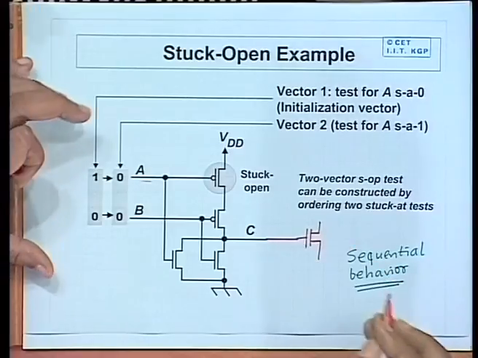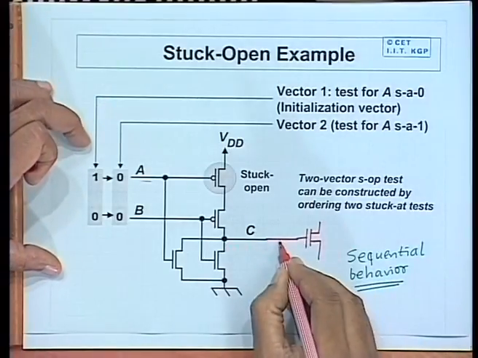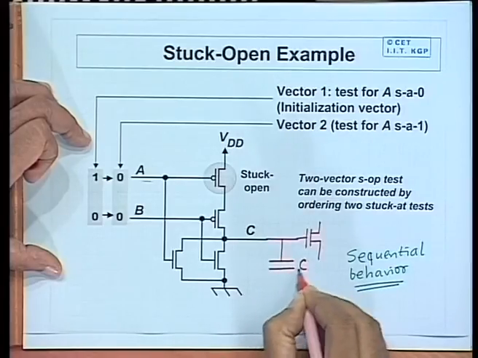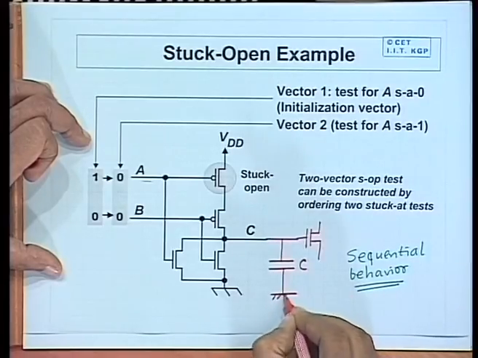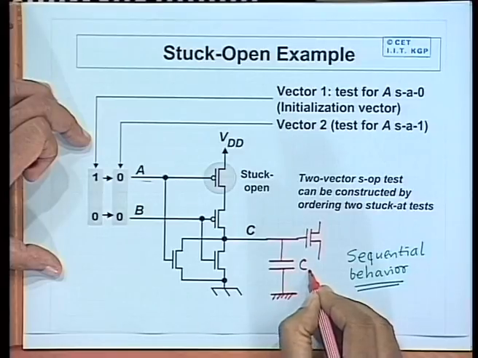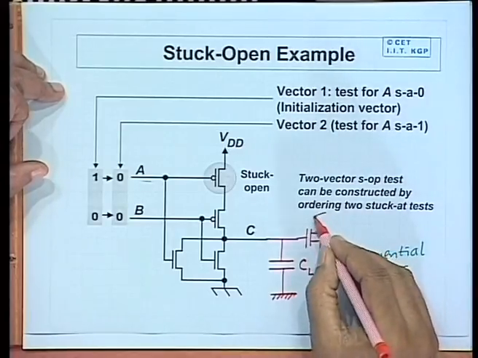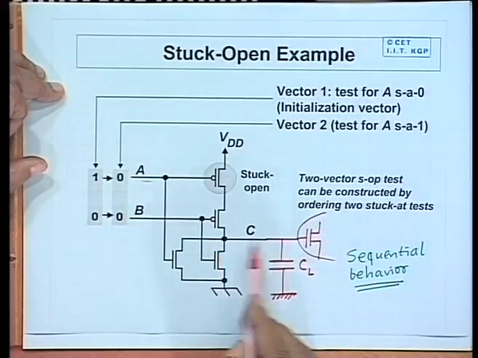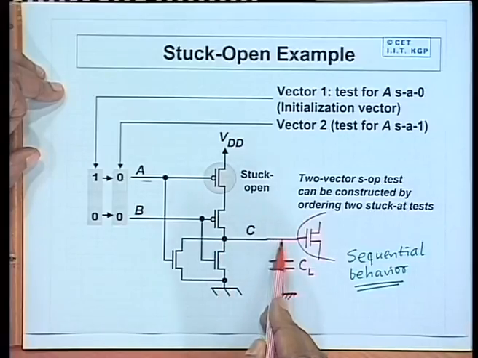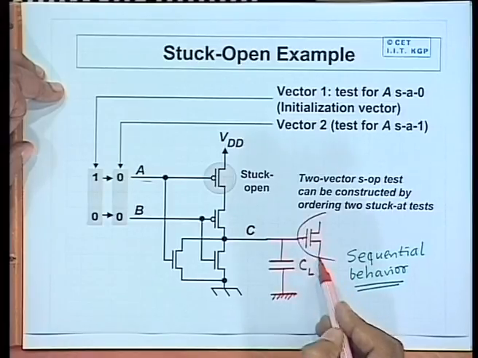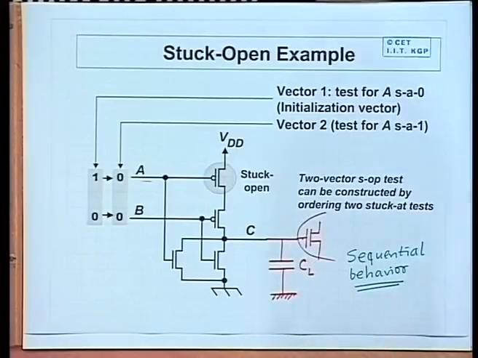So, equivalently we can say that the output is driving a capacitive load, say CL, a load capacitance. So, you ignore these transistors. Equivalently, you can say that the output has a load capacitance connected to it. This load capacitance is actually the gate to ground capacitance, gate to drain or source.